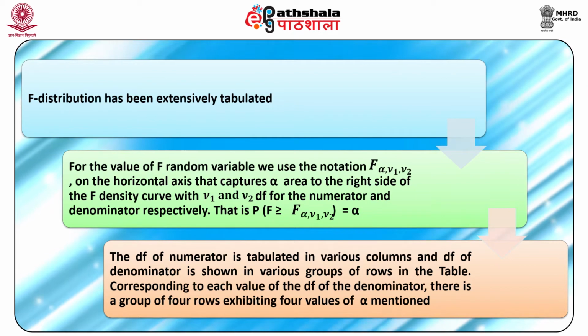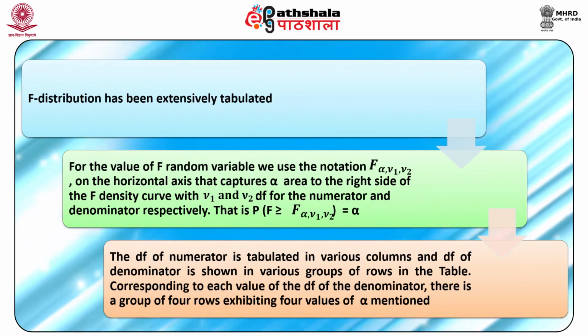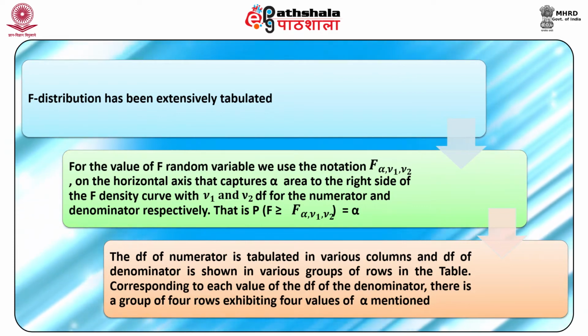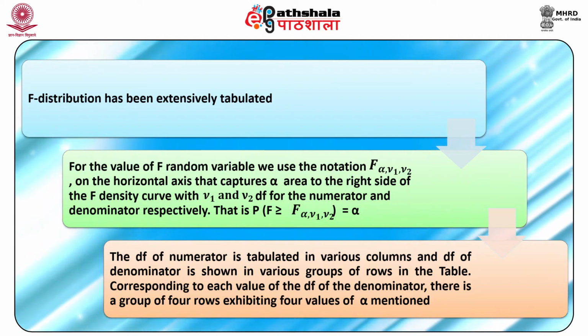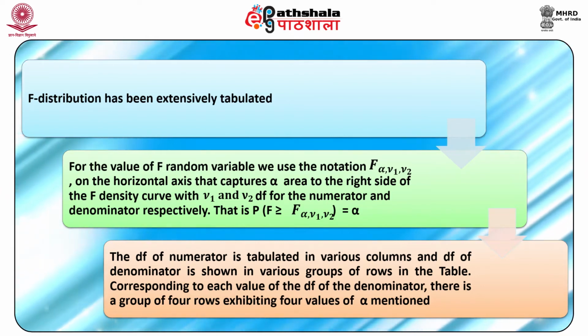That is, the probability of F being greater than or equal to F alpha with nu1 and nu2 degrees of freedom, we define to be equal to alpha. So alpha is our area in the tail above the F alpha value.